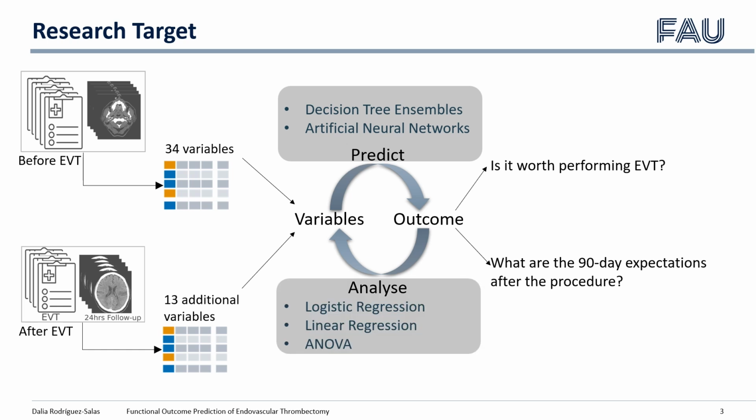For variable analysis, other studies frequently employ logistic or linear regression, and occasionally they use ANOVA when dealing exclusively with categorical variables. While these methods offer interpretability, they often result in lower prediction accuracy compared to more complex models.